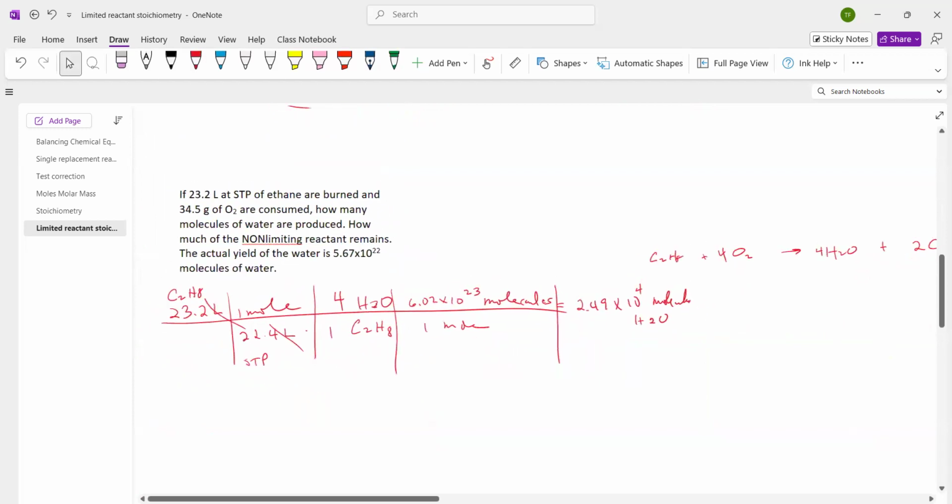That's for looking at the ethane. Let's look at the oxygen now. We're at 34.5.